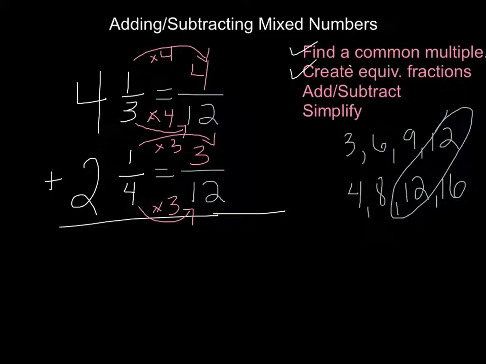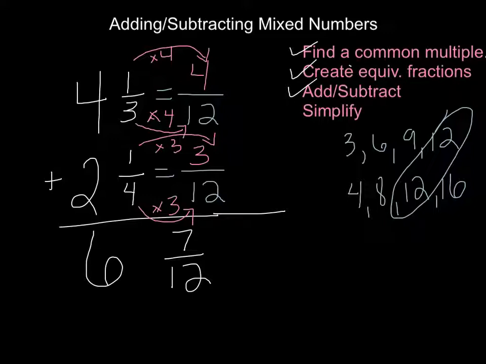I have 4 and 4/12 plus 2 and 3/12. Well, my whole numbers, 4 plus 2, is going to get me 6. 4/12 plus 3/12 is going to get me 7/12. So now I've added. And the last thing I need to do is take a close look at my sum, 6 and 7/12, and ask myself, can I simplify this in any way?